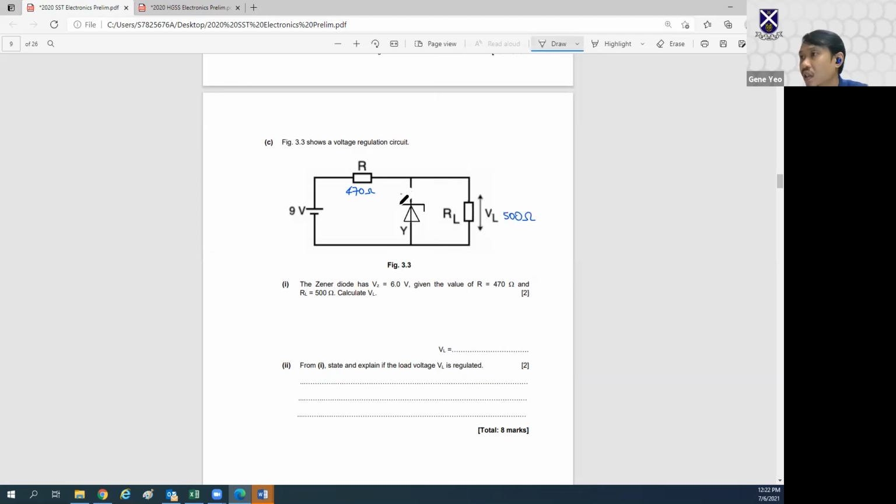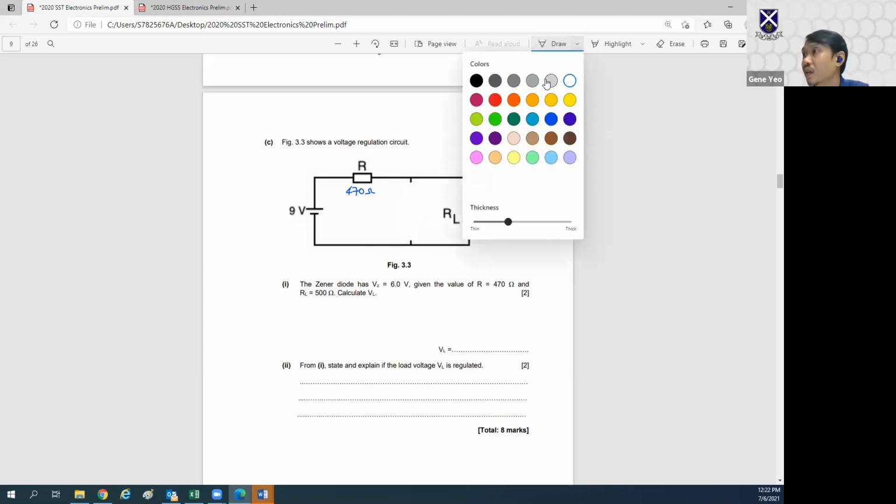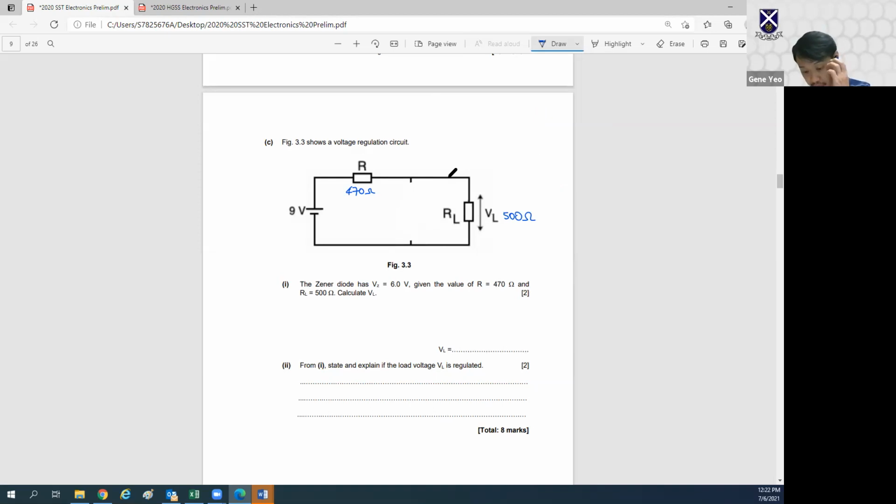So I'm just going to make this value disappear for the time being, like so. I'm going to do a circuit analysis based just on this circuit. So I'm going to do voltage divider again. I want to see how much voltage this fella takes.